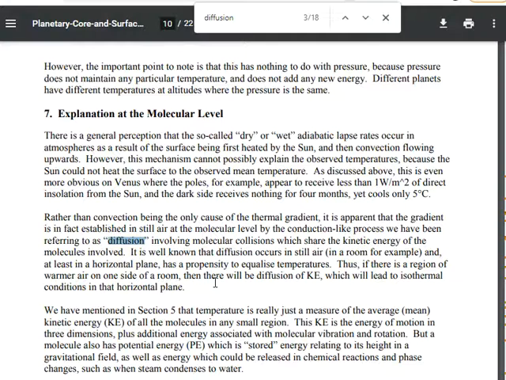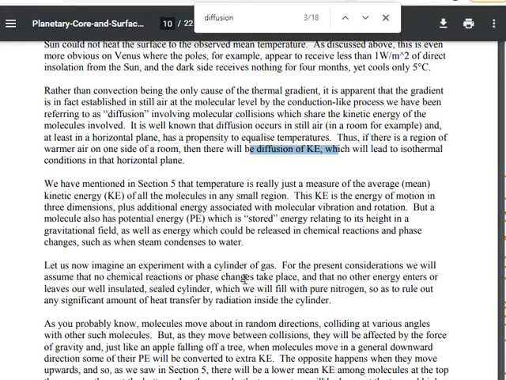Well, hold on. I can't help thinking that he's gone completely off the rails at this point, because he's basically described this adiabatic lapse process as diffusion, and then he said that this adiabatic lapse process can't explain the observed temperatures, and then he said that diffusion actually is the process that causes the diffusion of kinetic energy, which will lead to the conditions in the horizontal plane.